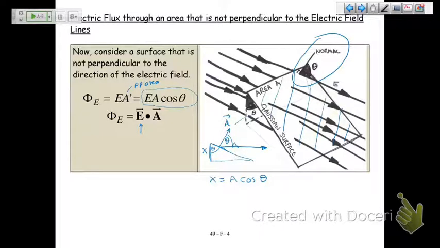Making up the field lines is a bit of a conceptual leap, and we're doing math on those things. And not only that, we're making up a vector. Area is not a vector. Well, today it is, and it will be a vector in the future as well, because it's a very useful thing to do. And we can do all that because we're consistent. We know what we're doing and we do it the same way every time.